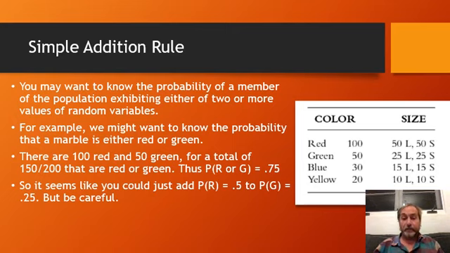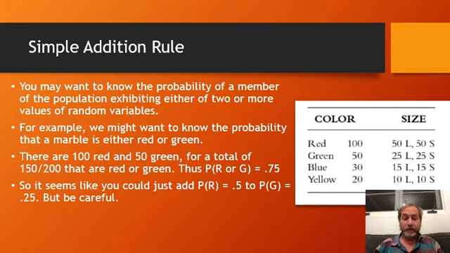Well, there are 100 red marbles in the jar, and there are 50 green marbles in the jar. That means 150 are either red or green. So the proportion of red or green in the population is 150 out of 200. Divide 150 by 200, you get 0.75. So the probability of red or green in the population is 0.75.